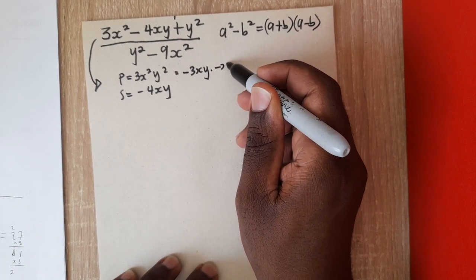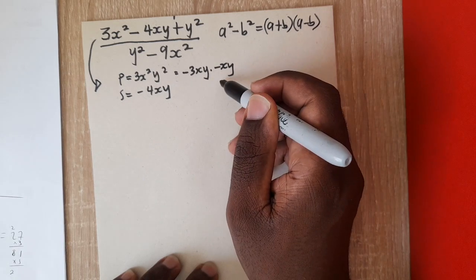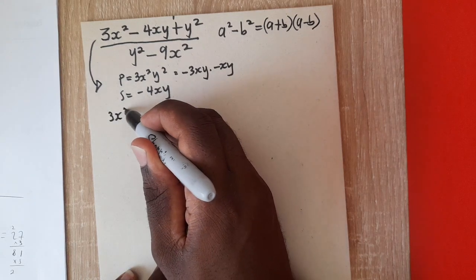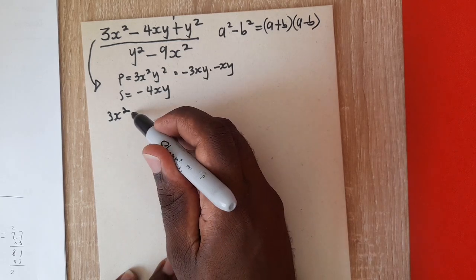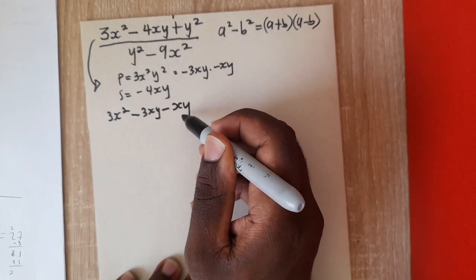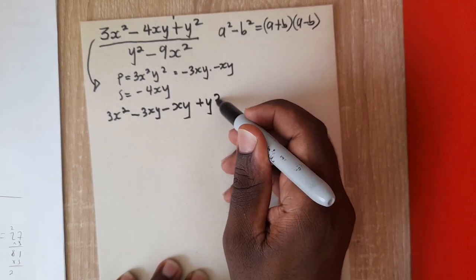So those two terms are -3xy and -xy, and if you add those same two terms, you'll get this sum. So now we write the math problem as 3x squared minus 3xy minus xy, and then we put the final term, which is plus y squared.